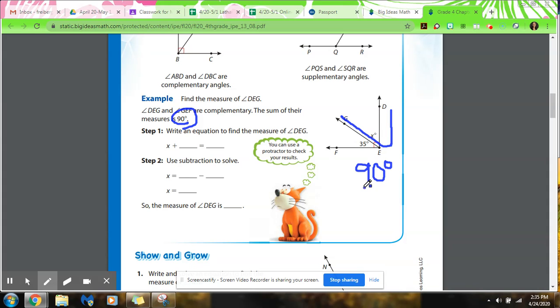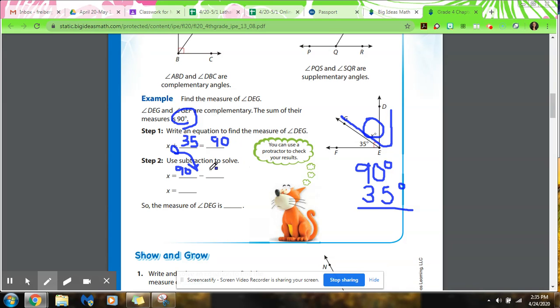But right now, all we know is that one part equals 35 degrees. So we're going to figure out x, which is what we're missing. X plus 35 has to equal 90 degrees. The opposite of adding would be subtracting, so let's try that out.